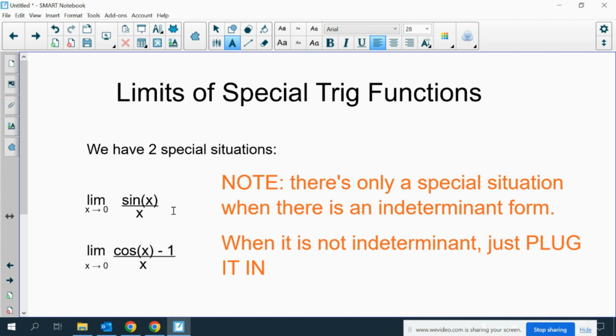But in these two particular cases, I have an indeterminate form, and with what we know now, I can't do any sort of algebraic manipulation like we did in previous examples. So we can't factor or rationalize the denominator or rationalize the numerator or something like that that allows us to simplify things and cancel things off. So we're basically going to have to figure these two out through exploration.